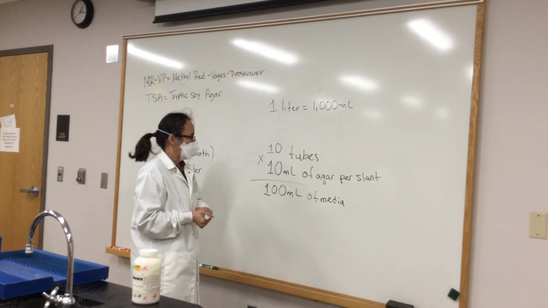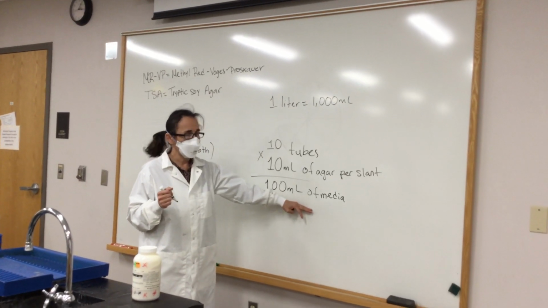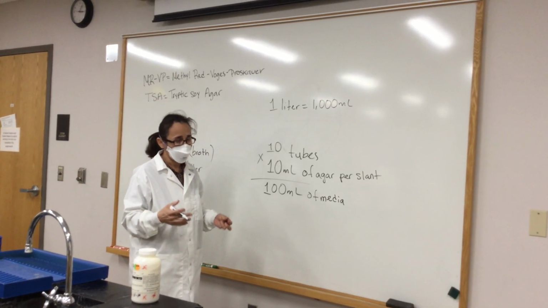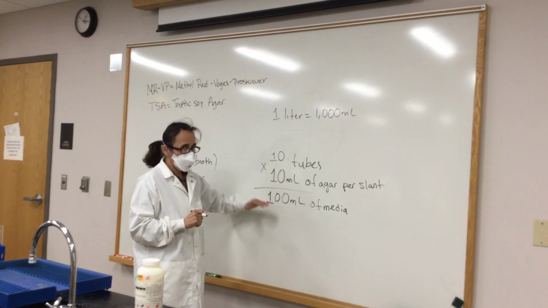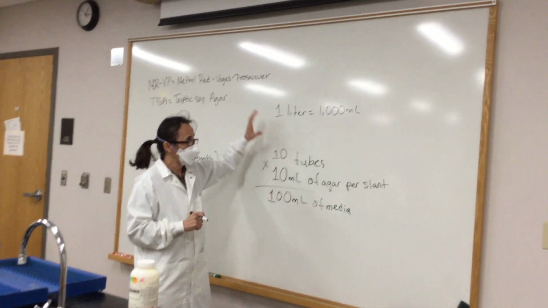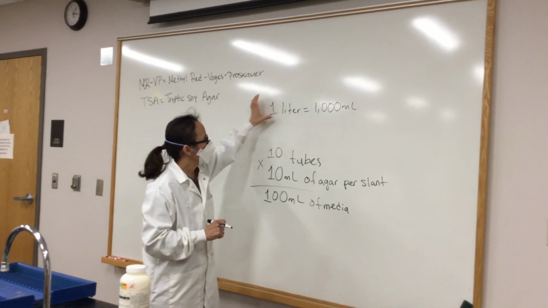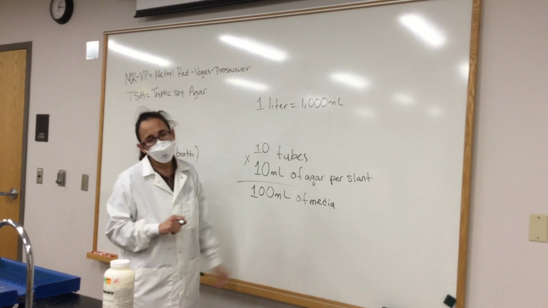So in total, you have to make 100 milliliters of media. It can be broth or it can be agar. In this case, we're going to make agar, and 100 milliliters is 1/10 of a liter. So if you divide 1,000 by 10, you get 100 milliliters.